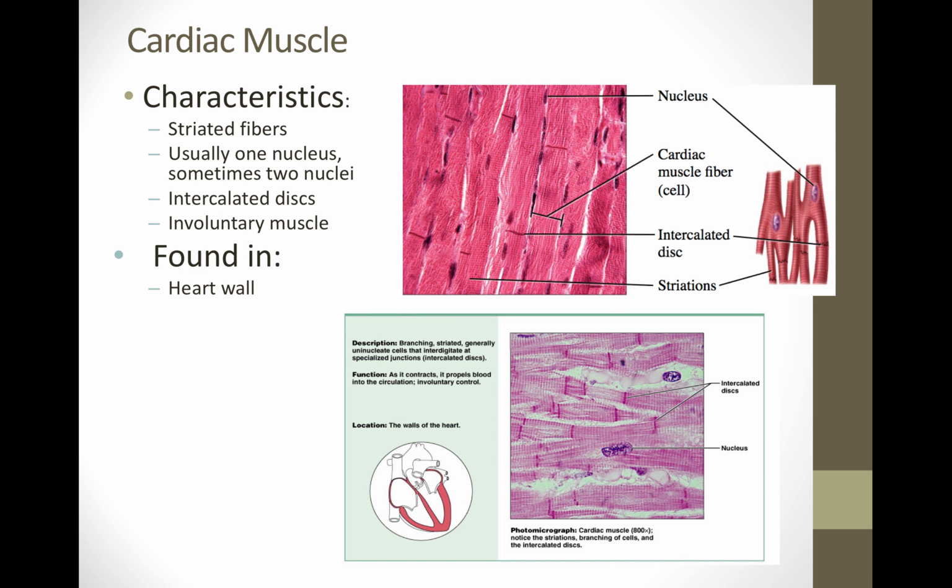Let me identify for you the difference between intercalated discs versus your striated pattern. In this picture, what you see is the muscles going vertically. What you see as these darker lines here, where the cursor is, or in the lower picture, the darker pink lines, are identified as intercalated discs, separating one cell from another.